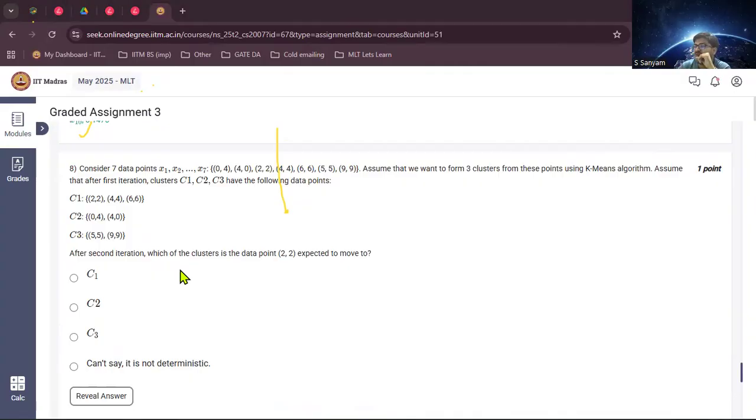Now this is only left. We have the 7 data points. We want to form 3 clusters from these points. Assume that after the first iteration we have C1, C2, C3. Basically it is the K-means algorithm, so there will be random initialization. After the second iteration, which cluster is the data point expected to move to? Any random assignment is fine.